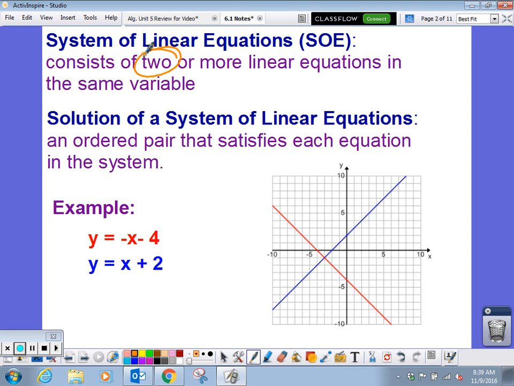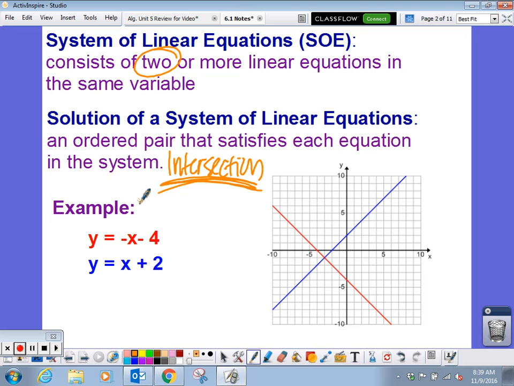The most important part of today, and really this whole unit, is when you're asked to find a solution to the system, you need to know what that means. Ultimately, even if you're not using the graphing method, the solution of the system is an ordered pair that satisfies each equation, which means you are looking for an intersection. So I want y'all to write that down.